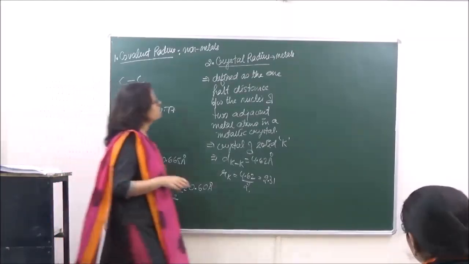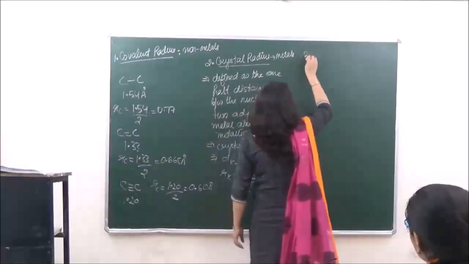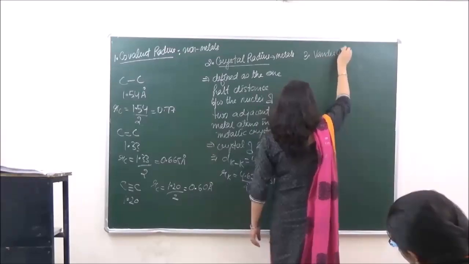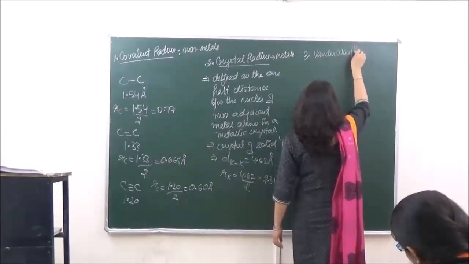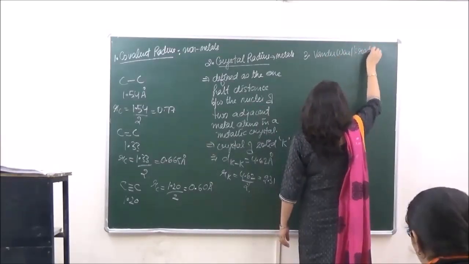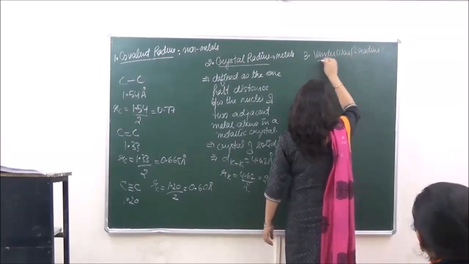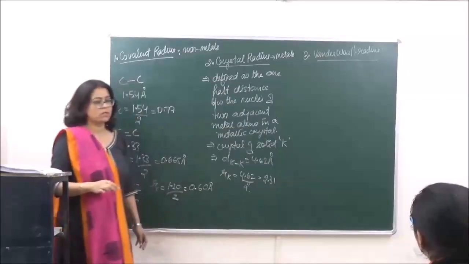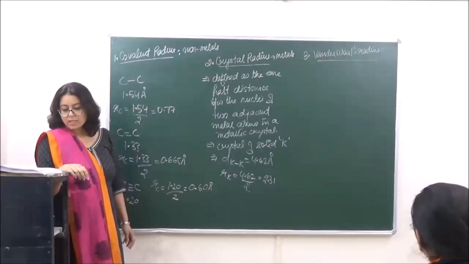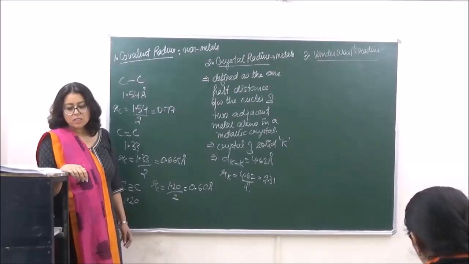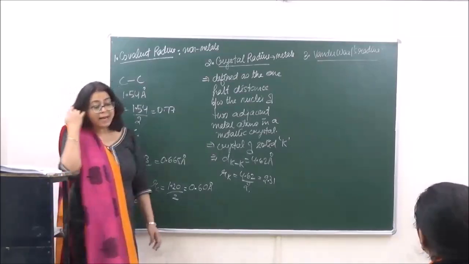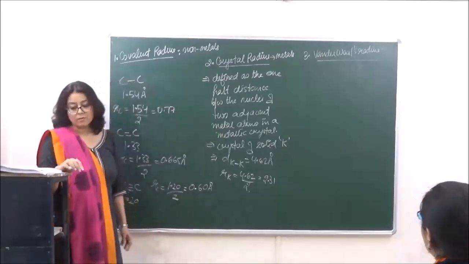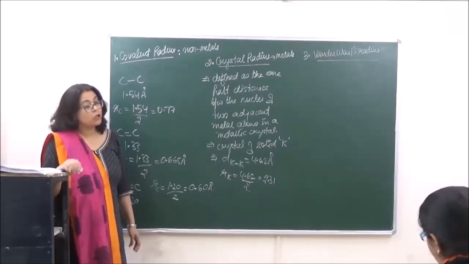The third type of radius is the van der Waals radius. Now, what is van der Waals radius? It is the half of the distance between nuclei of two non-bonding neighboring atoms of two adjacent molecules.